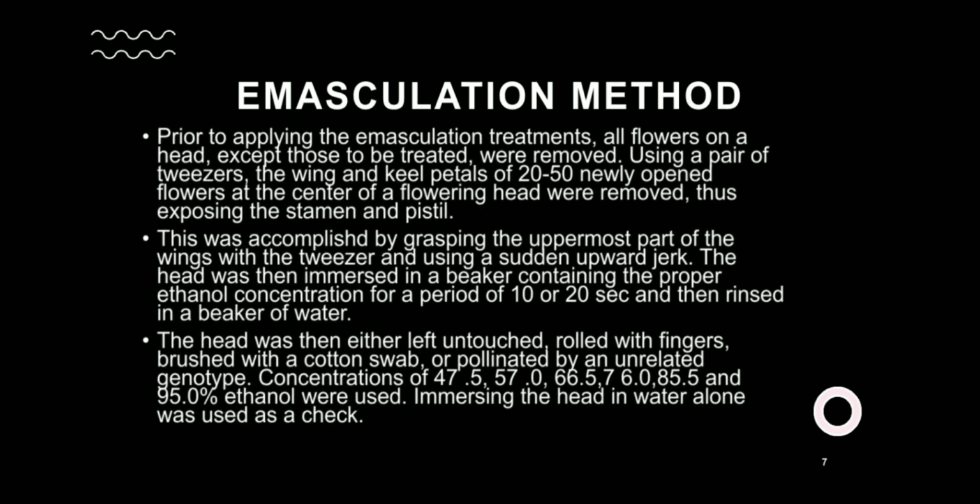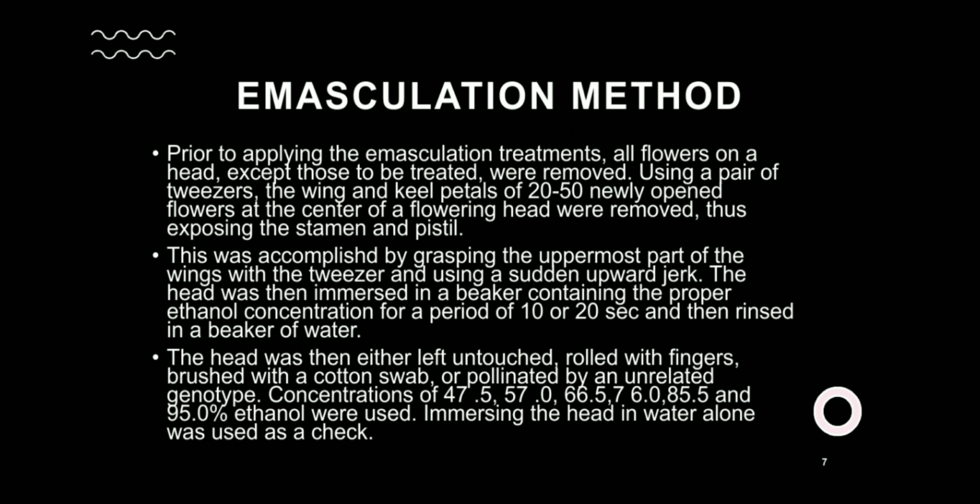Emasculation method in clover. Prior to applying the emasculation treatment, all flowers on a head except those to be treated were removed using a pair of tweezers. The wing and keel petals of 20 to 50 newly opened flowers at the center of the flowering head were removed, thus exposing the stamens and the pistil.